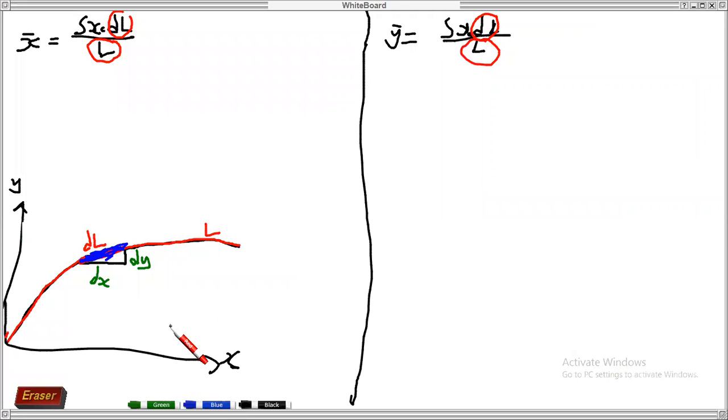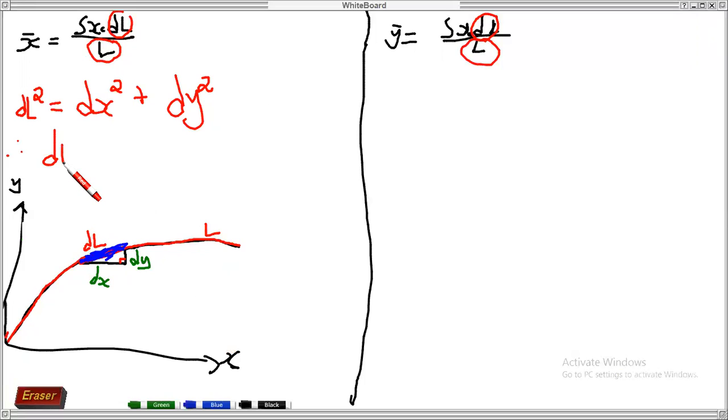In this case, if you apply your Pythagoras theorem, this is a right-angled triangle. So dL squared is equal to dx squared plus dy squared, because it's a triangle. Therefore dL is equal to the square root of dx squared plus dy squared.